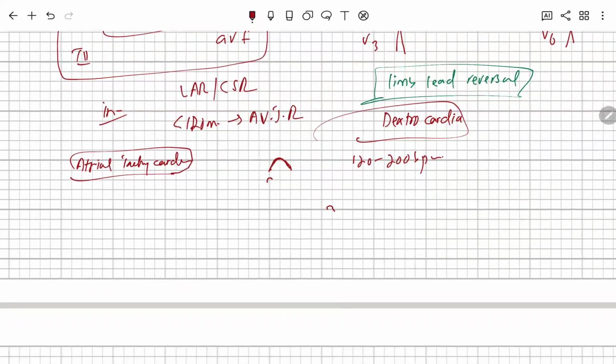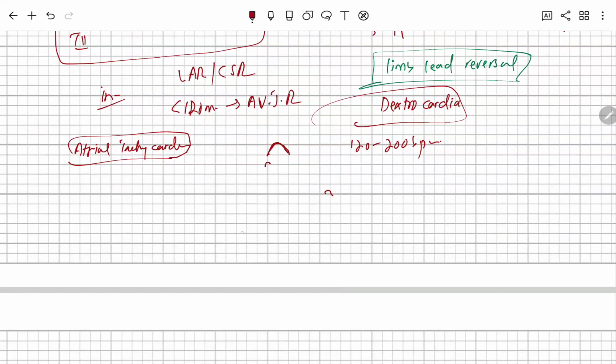The next condition is called atrial flutter. We're going to find the sawtooth appearance of P waves. When we find sawtooth appearance of P waves, this is called atrial flutter. And if we don't find any P wave, if there are just waves like that, these are called F waves, fibrillatory waves.